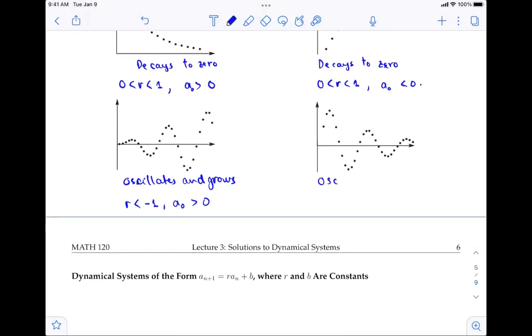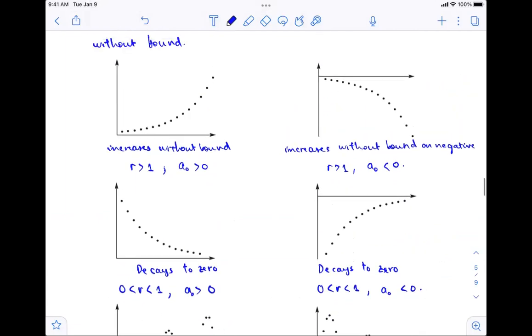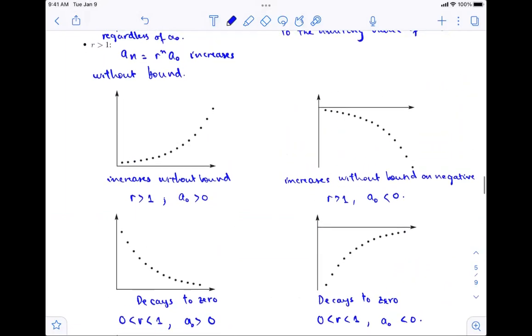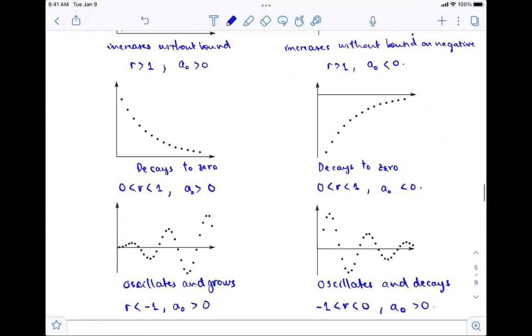And this one oscillates and decays to 0 when R is between 0 and -1, and A0 is also a positive value, right? So these are the cases for the long-term behavior of the discrete exponential growth. It depends on the value of R and the starting initial value as well.